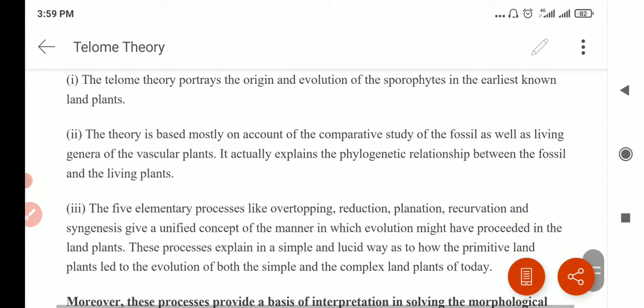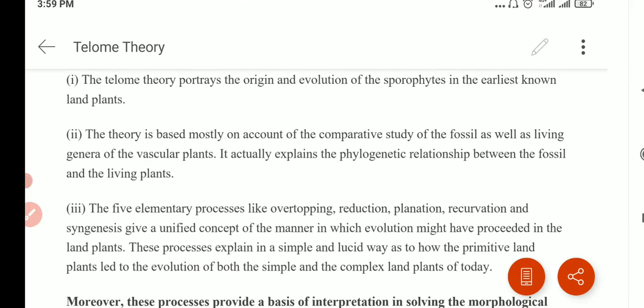So these are the significance. As I told you, what is the main significance? Because of Zimmermann's Telome theory, we finally know how the plants evolved. Like I told you, we came from Neanderthals, Australopithecus, Homo erectus, now we are Homo sapiens. Similarly, we also need to know how plants evolved.